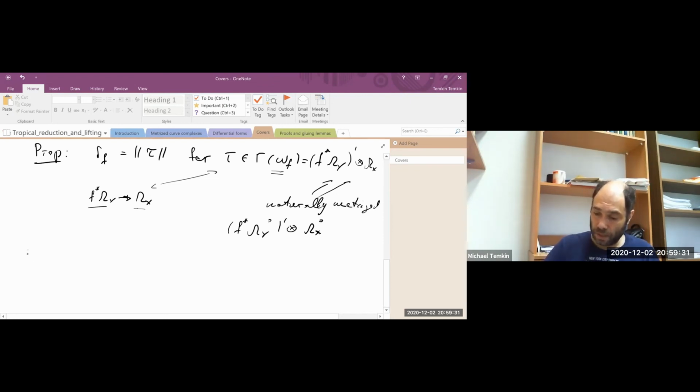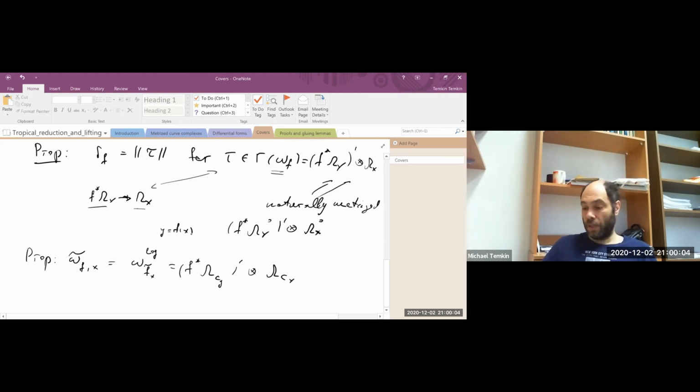For this, we should only compute the reduction of omega f, and not surprisingly, it turns out that if I take the reduction at x of type 2, I just get omega x log, which is just the pullback of omega cy dual tensor omega cx, where y is f of x.